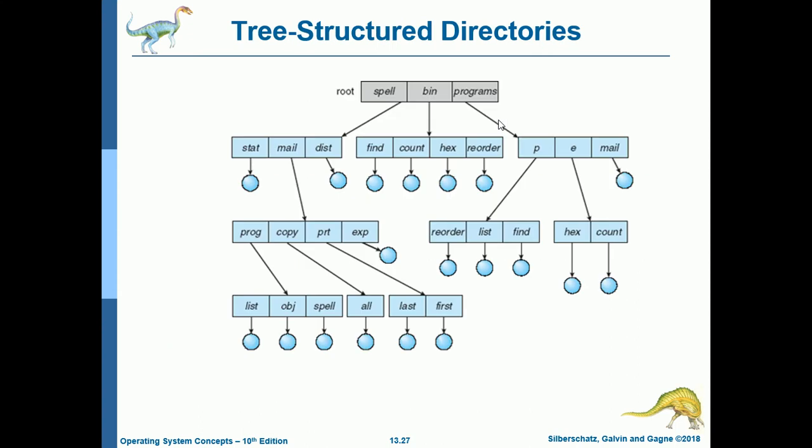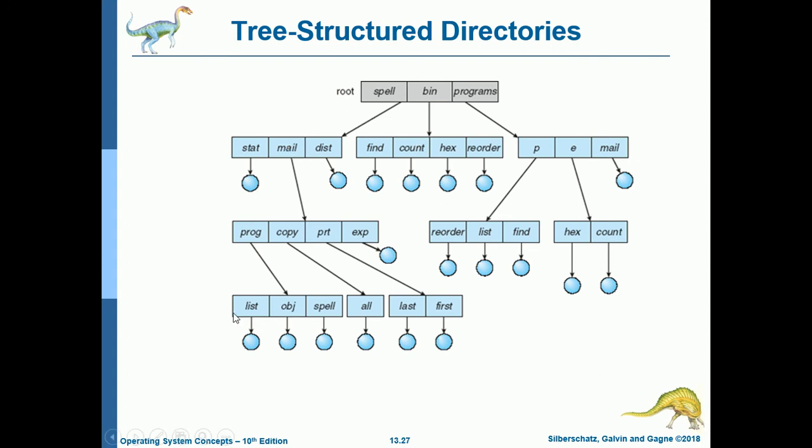Okay, next is we have the tree structured directories. Actually, this is the modern day structure of directories, specifically in Windows. So, for example, this is the root directory. You can have as many nested directories or folders inside.